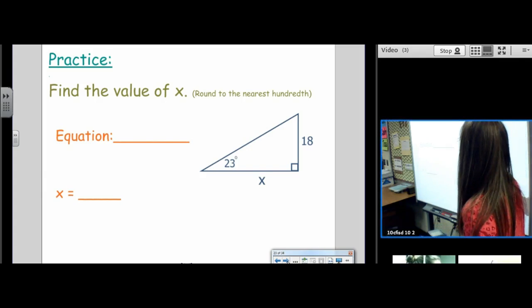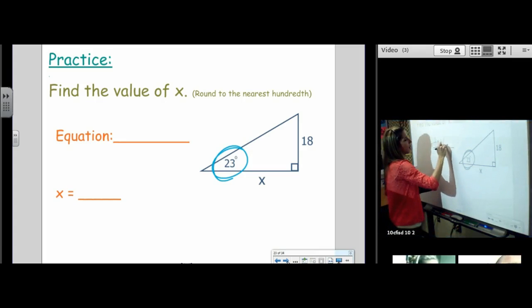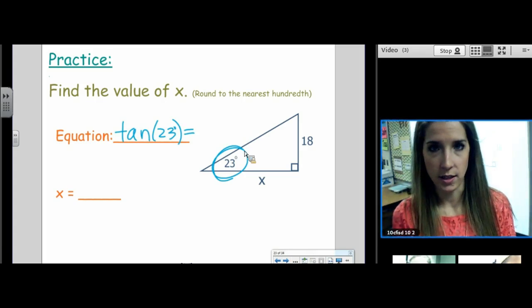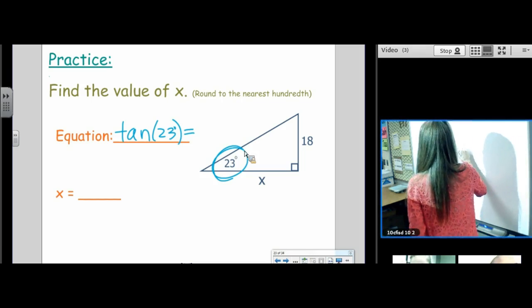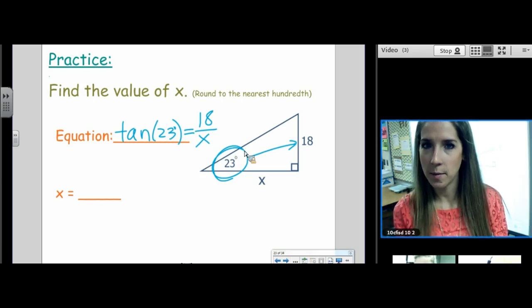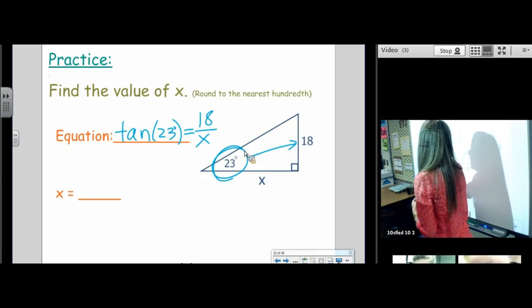Okay, circle the angle. There we go. Tan of 23 equals, make sure you put the opposite over the adjacent. You grab the opposite first. Opposite over adjacent. Where's the variable? The variable's in the denominator. Denominator divide. You have to put the 18 first.